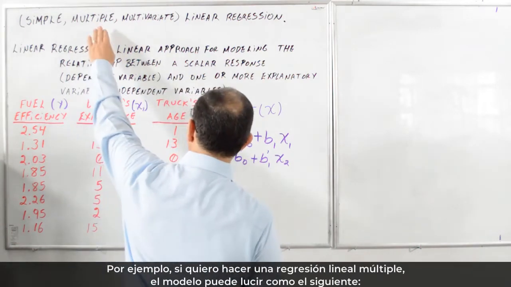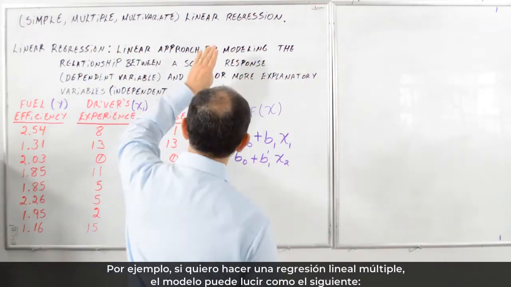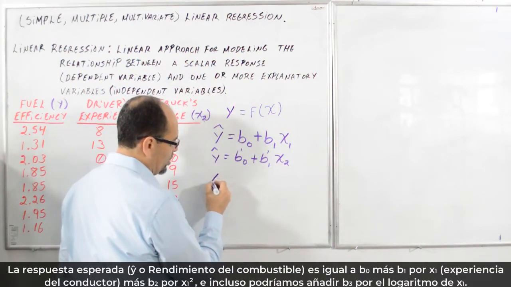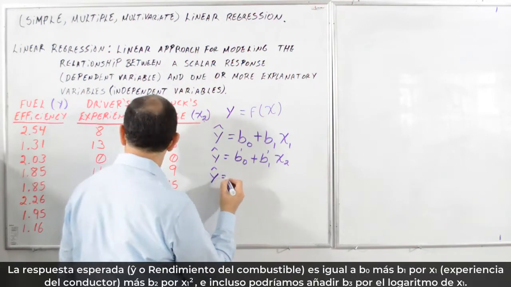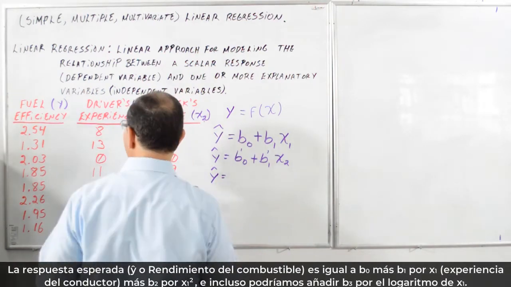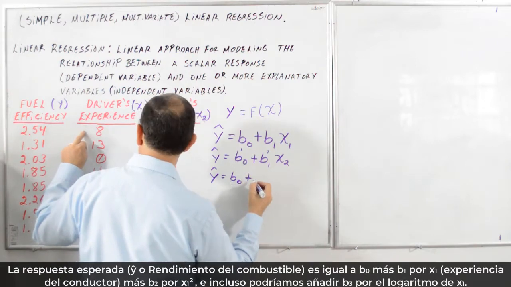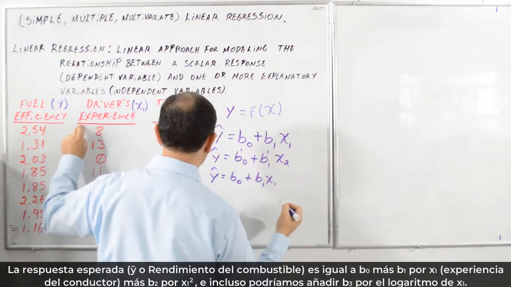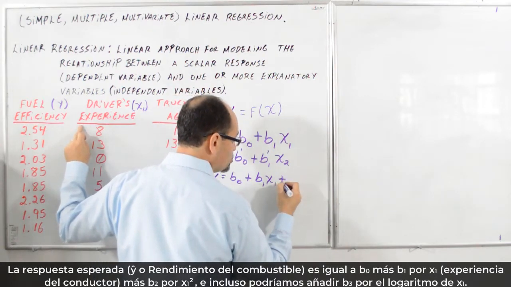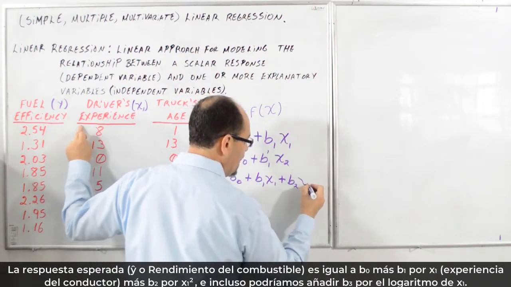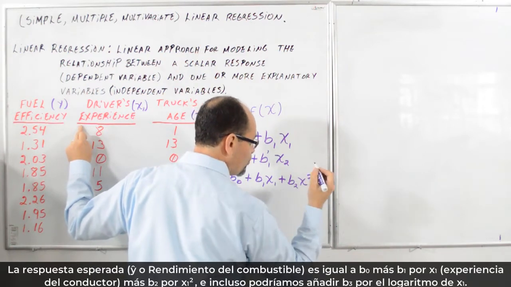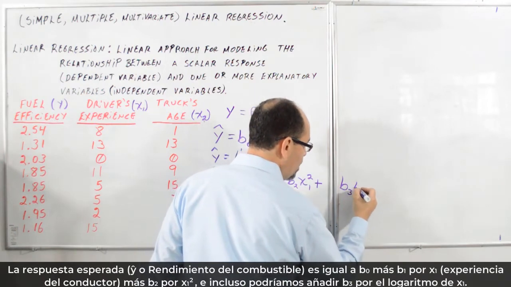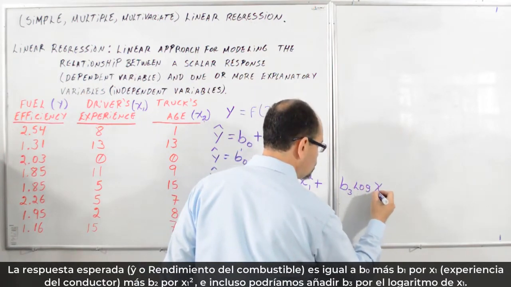But if I want to do multiple linear regression, the model can look like this one. It will be, for instance, expected response, fuel efficiency, equal to V0 plus V1 x1, which will be the driver's experience, plus V2 x1 square, or also it can be plus V3 log of x1.